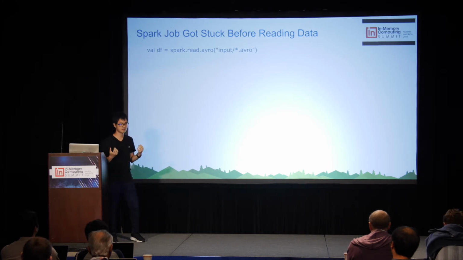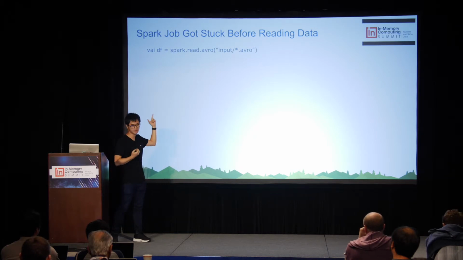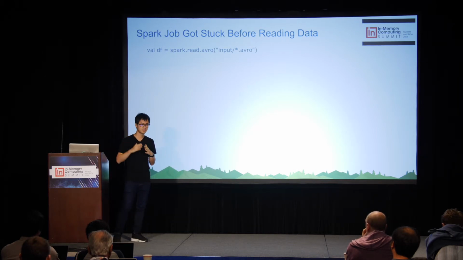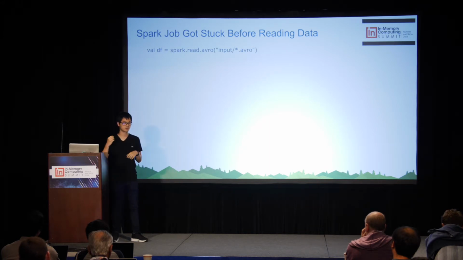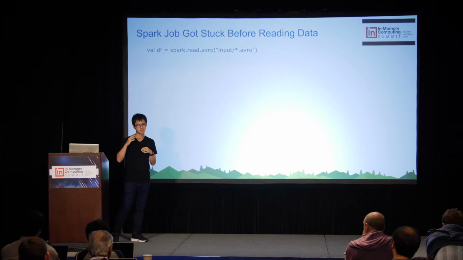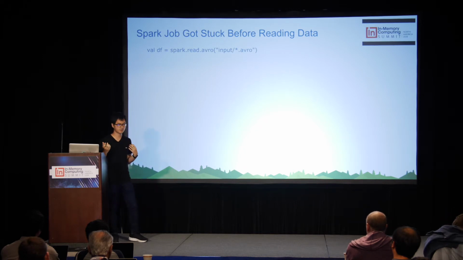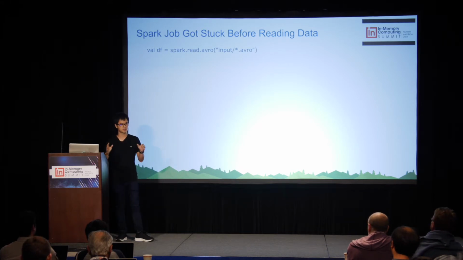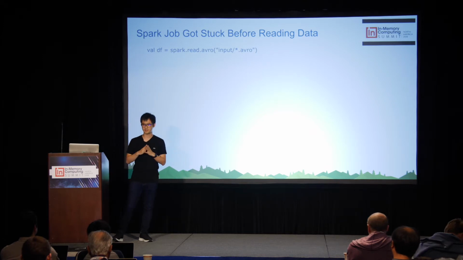The Spark Avro library is too smart: when you call this one line, it collects all the keys associated with the values and does metadata fetching across the wire to our service provider's key value storage to find the total input size. Spark assumes you will read a very big chunk, so it tries to get the metadata so it can smartly partition those big chunks into partitions and distribute them to executors.